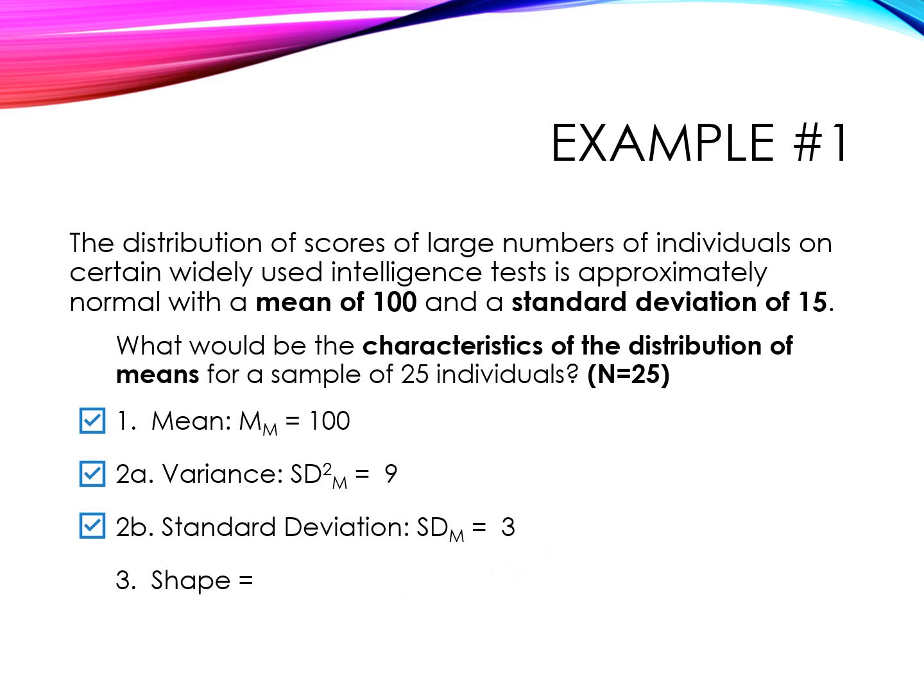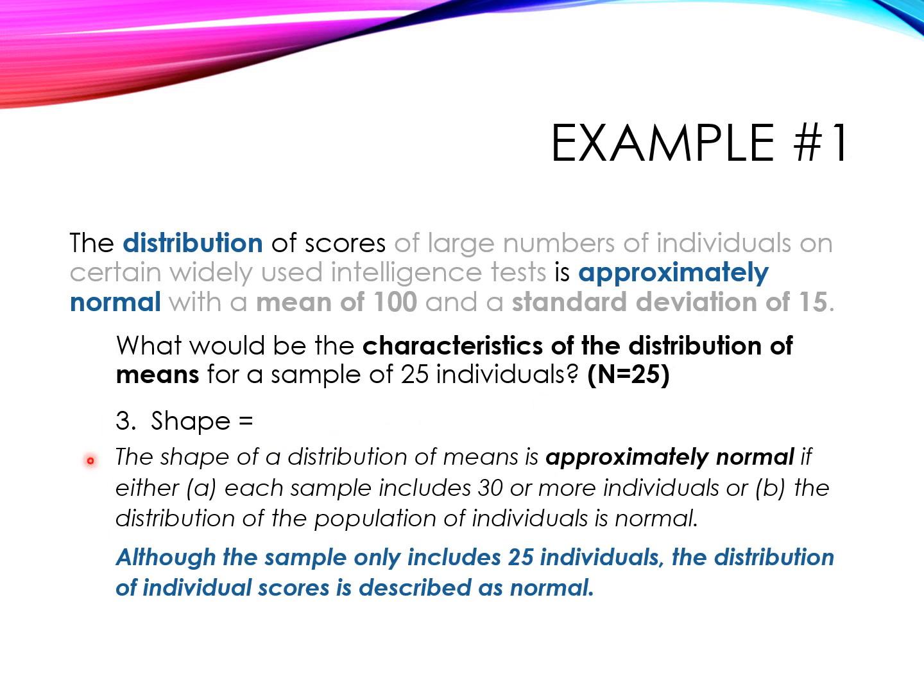What is the shape? The shape of a distribution of means is approximately normal if each sample includes 30 or more individuals. This one does not. Our sample only includes 25, but originally we were told that the distribution of scores in our population of individuals is approximately normal.